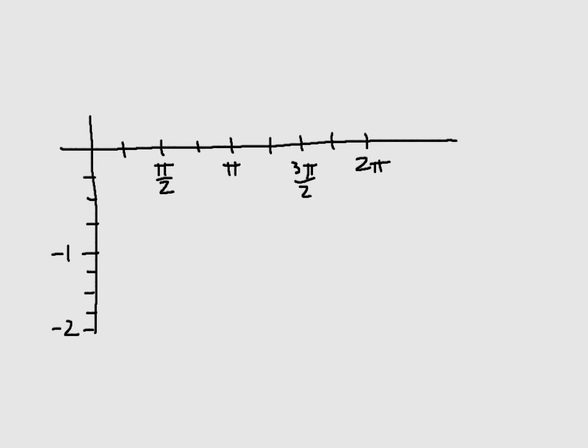So using these values, remember 0 was negative 1.65, so that would be approximately right there. Then we'd have negative 1.375 for pi over 4, which would be right about there. And then for pi over 2 would be negative 0.35.